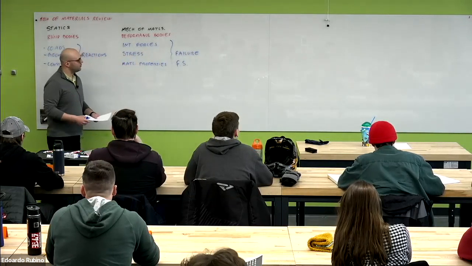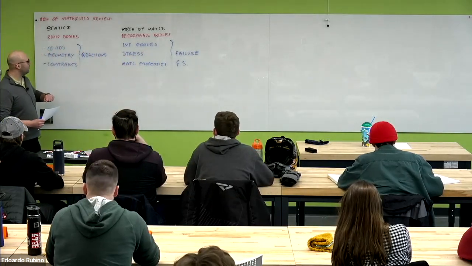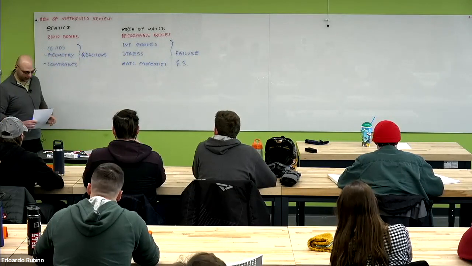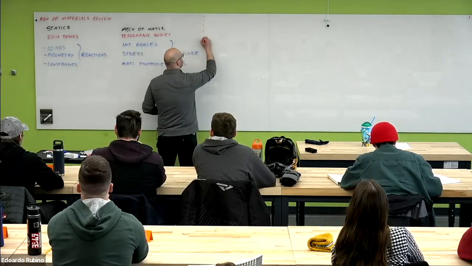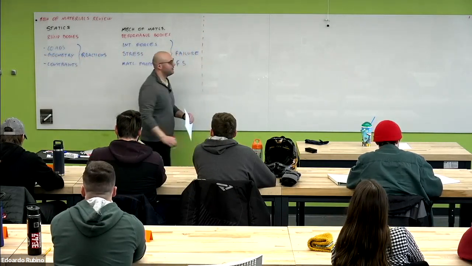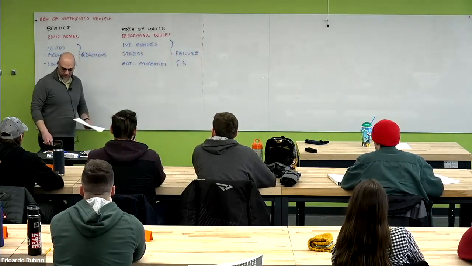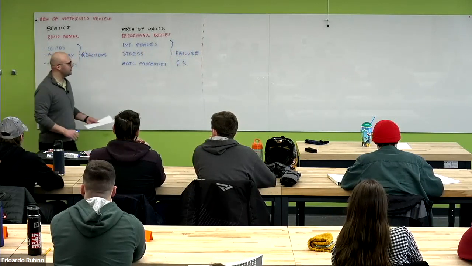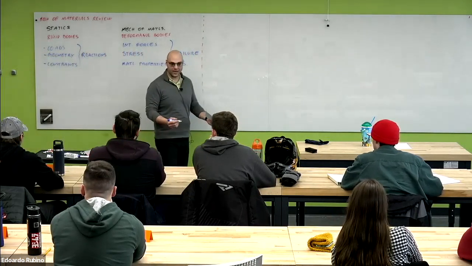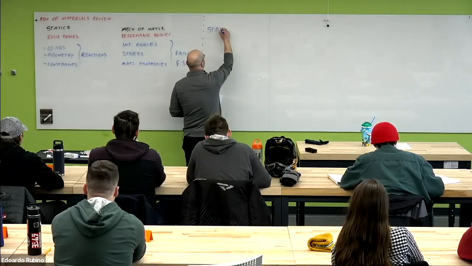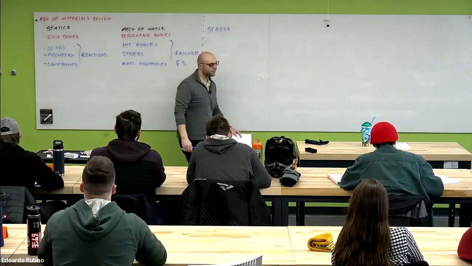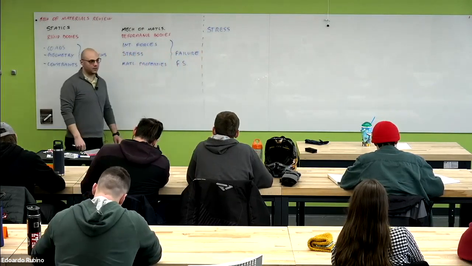So now we can go more in detail to see all the concepts that we cover in mechanics of materials. The very first concept that we cover is the concept of stress.